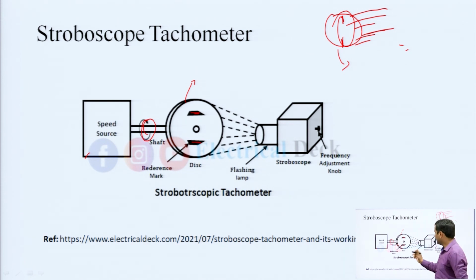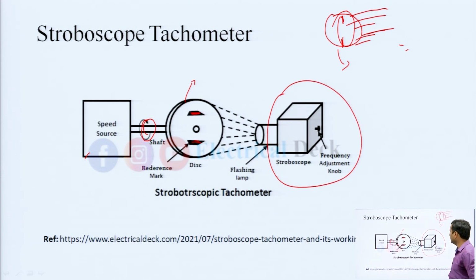You can see the arrangement over here: a disc having the stationary mark, and this is known as the stroboscope. A flashing lamp is there, and the intensity of the light produced by the flashing lamp can be controlled by the frequency adjustment knob.